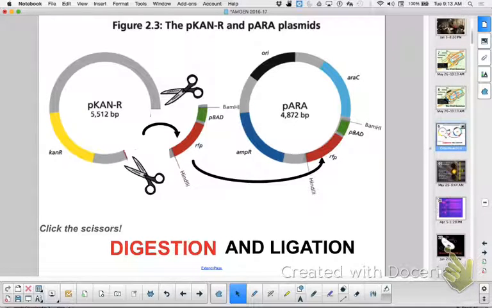And then gel electrophoresis day is verification of digestion. And then lab 5, transformation, is getting the plasmid into the bacteria to display the trait, that phenotype.